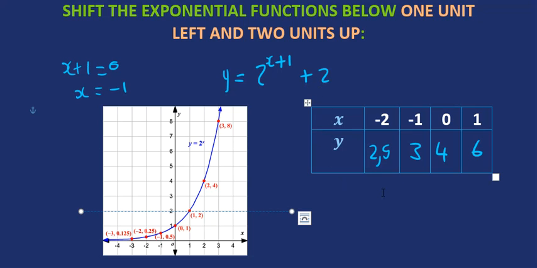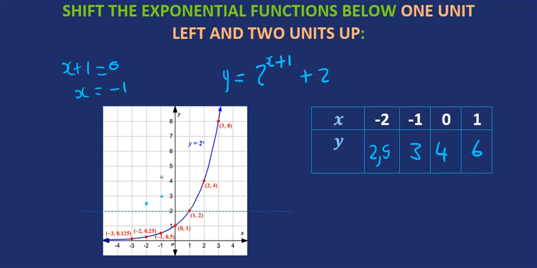All right, and now once we have drawn the new asymptote, we may substitute our different values. Okay, we've got a coordinate at x equals to negative 2 and y equals to 2.5. So negative 2 and 2.5 is over here. Okay, negative 1 and 3 is over there.